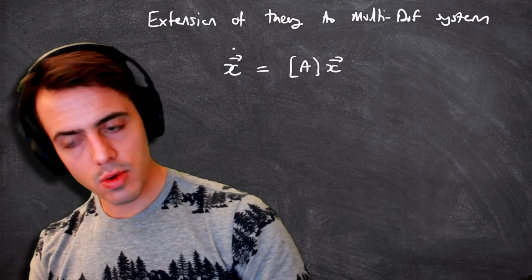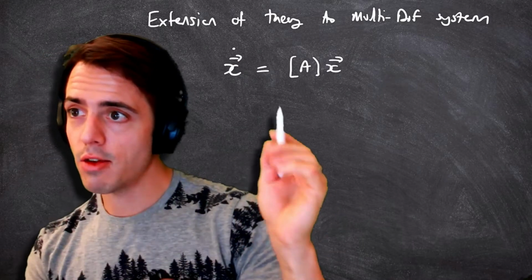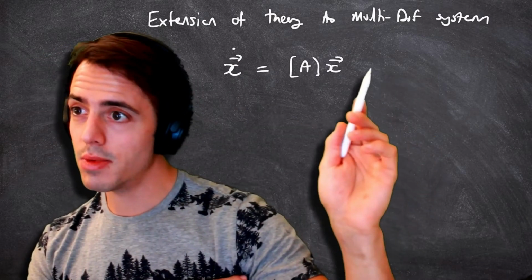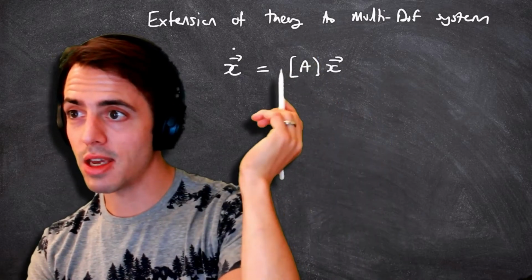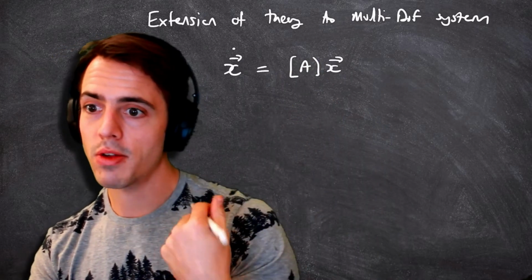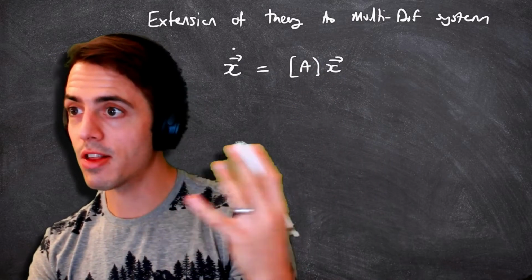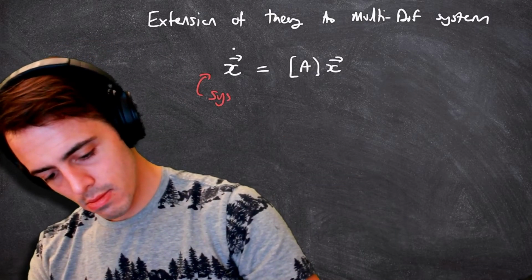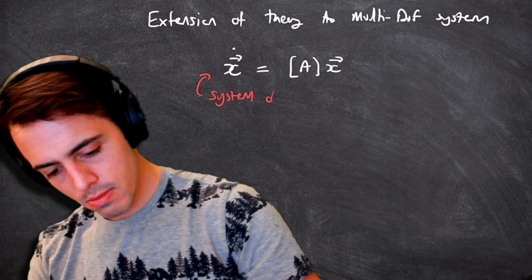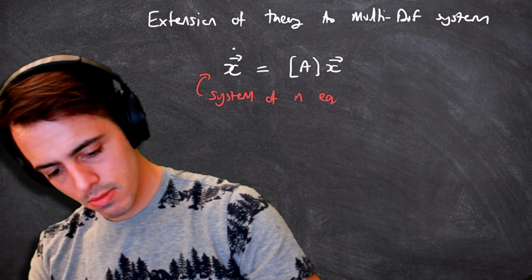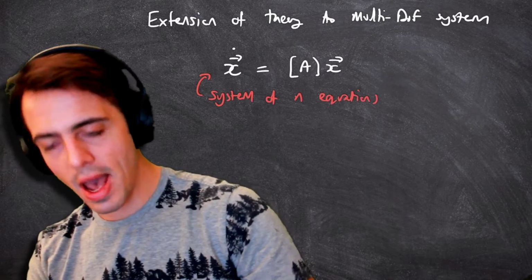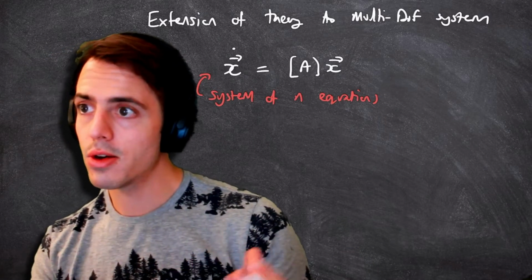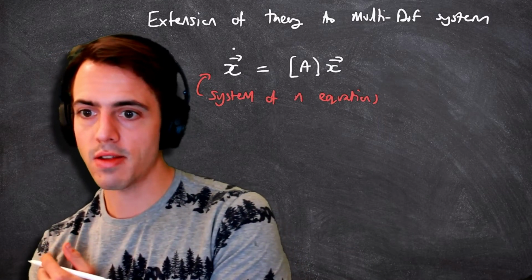So rather than having a single equation of motion that we have for the mass spring damper system, we've got a system of n equations, where n is just the number of states and therefore the degrees of freedom in our systems.